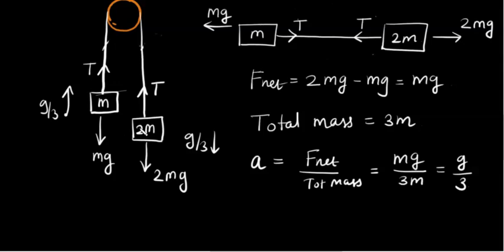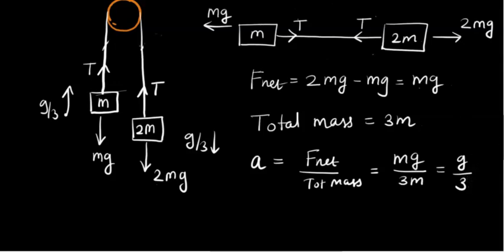So the net downward pulling force is 2mg minus mg, because 2m is pulled down by 2mg and this one is in the opposite direction, mg. That is, here you can see the mg is towards the left and 2mg is towards the right. So the net force will be in the right direction, that is 2mg minus mg. We have to divide this by the total mass. Then we will get the acceleration g by 3.